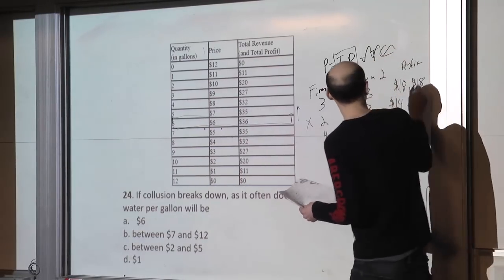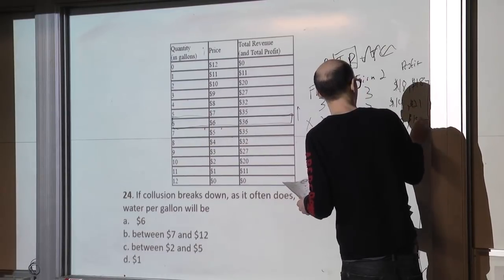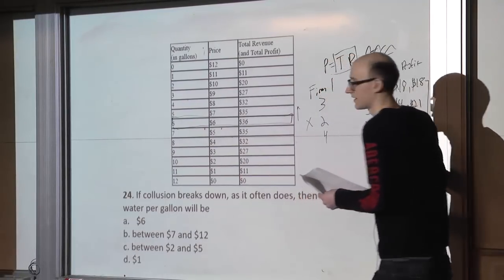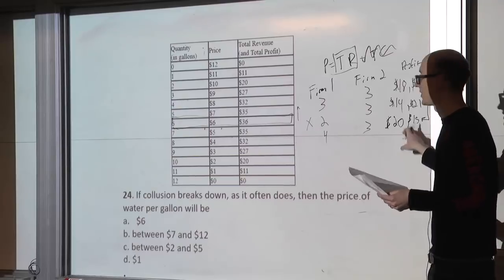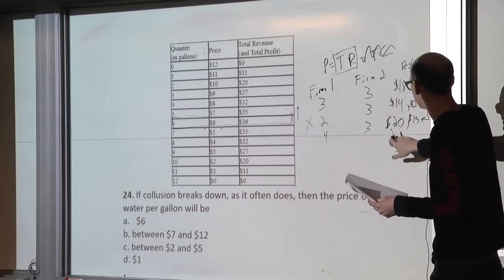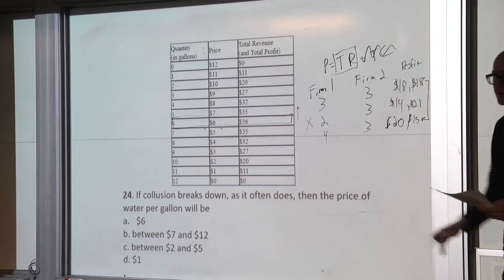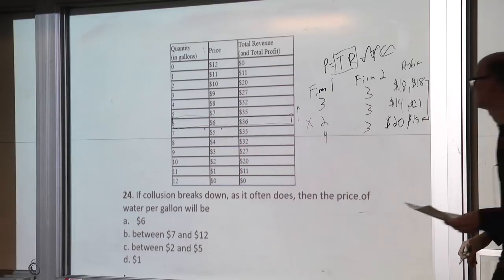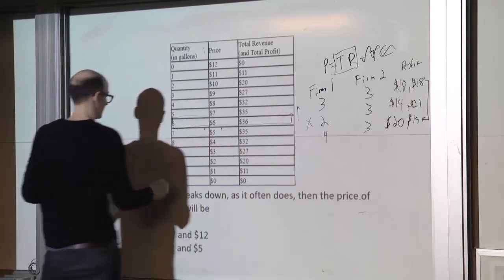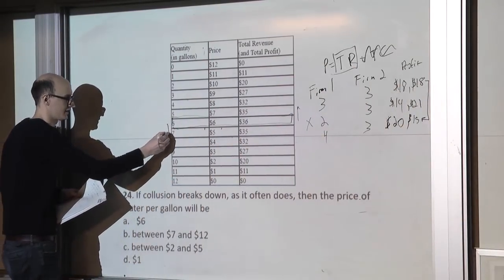So does firm 1 have incentive to go from here to here? Yeah, because before they were earning just $18 of profit, and here they could earn $20 of profit. So they do have incentive to go from here to here, right?